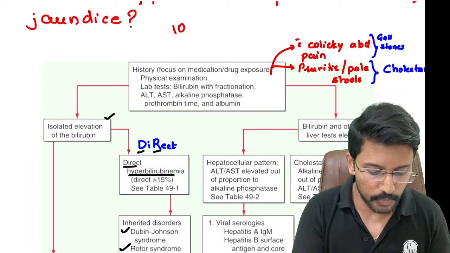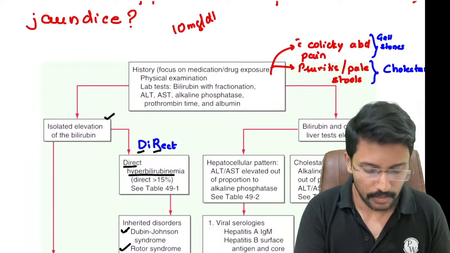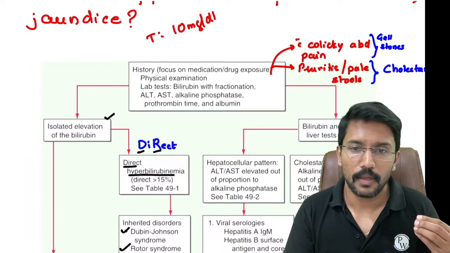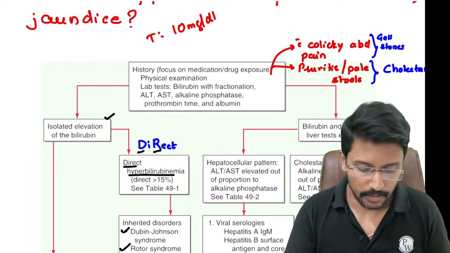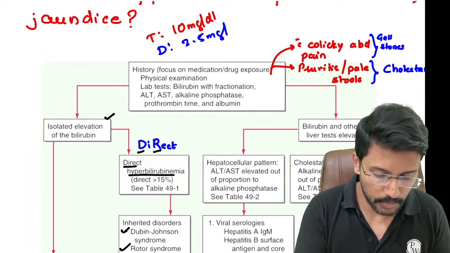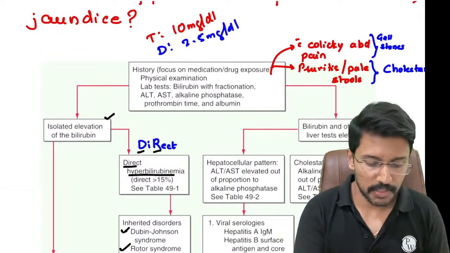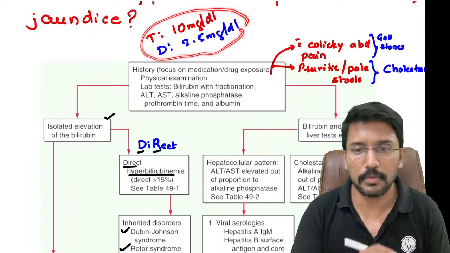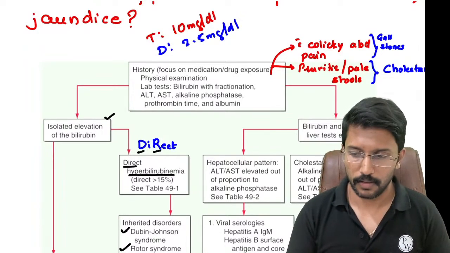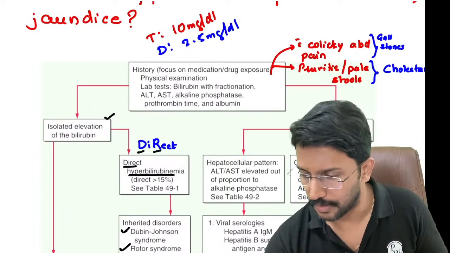Let me say total bilirubin is 10 milligrams per deciliter, and then we have to see how much of that is the direct bilirubin, right? So let me say direct bilirubin is 2.5 milligrams per deciliter. So in that case, this patient has direct hyperbilirubinemia or indirect hyperbilirubinemia. That is one point we need to get it right.